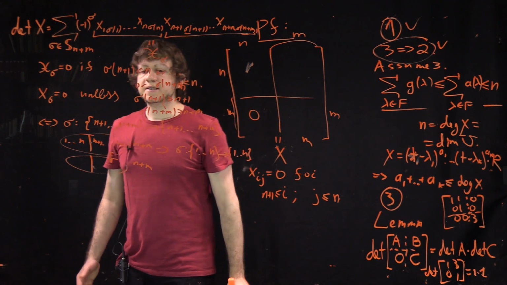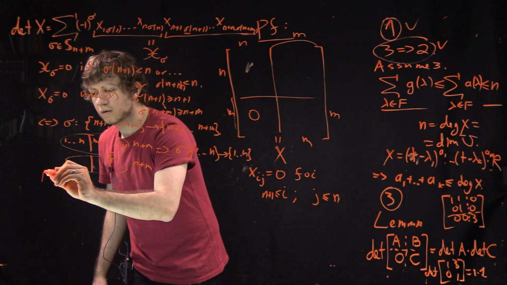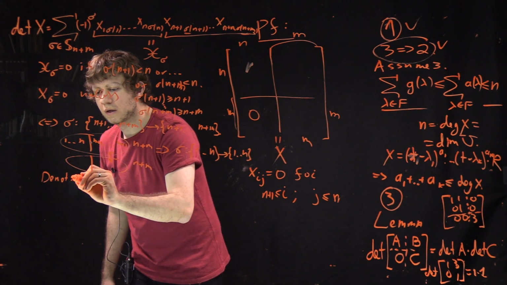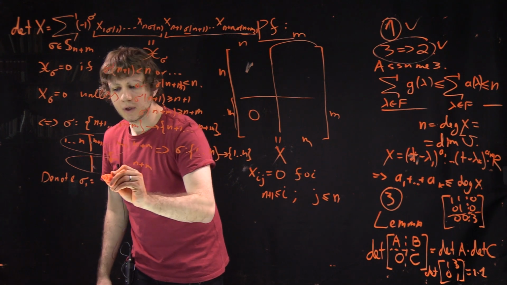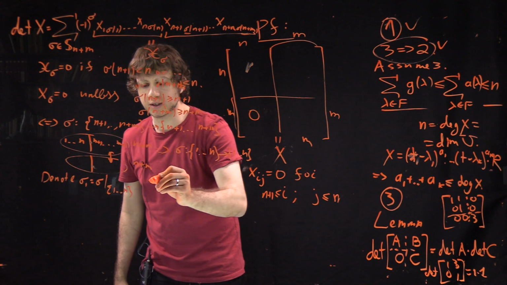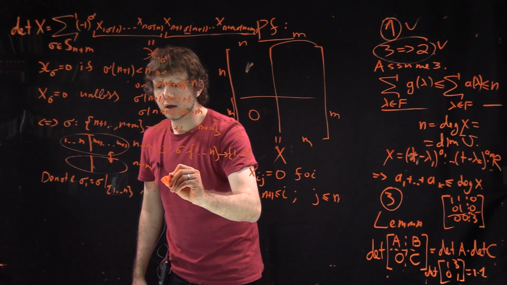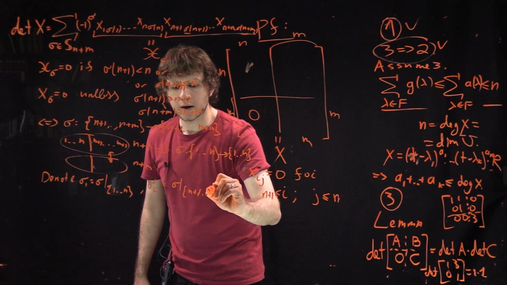Okay, so it's very convenient to denote sigma 1 to be sigma restricted to the set from 1 to n, so we just look at what it does on this set. And sigma 2 be sigma restricted to n plus 1 to n plus m.